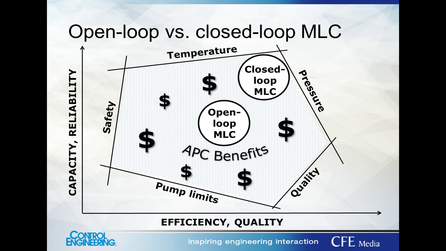In the same way, and more importantly really, MLC can automatically pursue receding constraints to capture yet greater earnings and optimization. So this is a pretty good conceptual way to understand the benefits of open versus closed loop MLC, or multi-loop control.